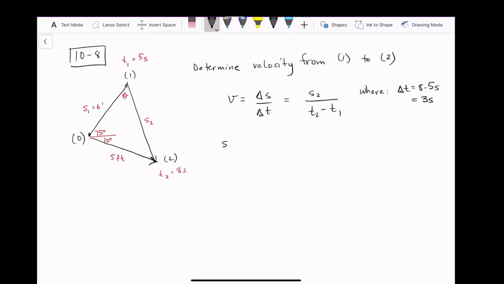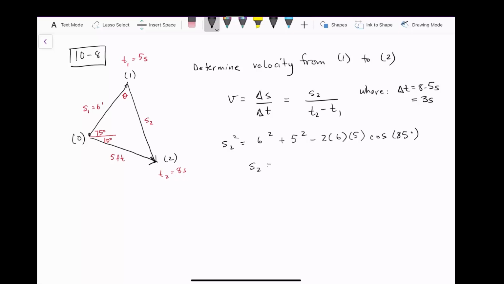We're going to take S2, square it, and we're then going to add the sum of the squares of the two sides that we do know. So that would be 6 squared plus 5 squared. And then we're going to subtract 2 times those two sides, 6 times 5, times the cosine of that opposite angle. So that is 85 degrees.